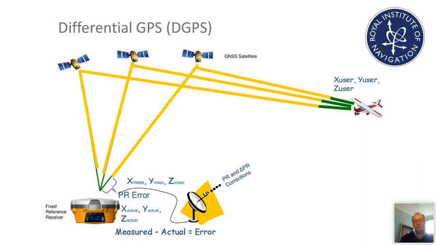And that user device can then back out those errors. So that's just a conceptual idea, but that's what differential GPS can do for you and deliver much better integrity and an order of magnitude improvement in position.